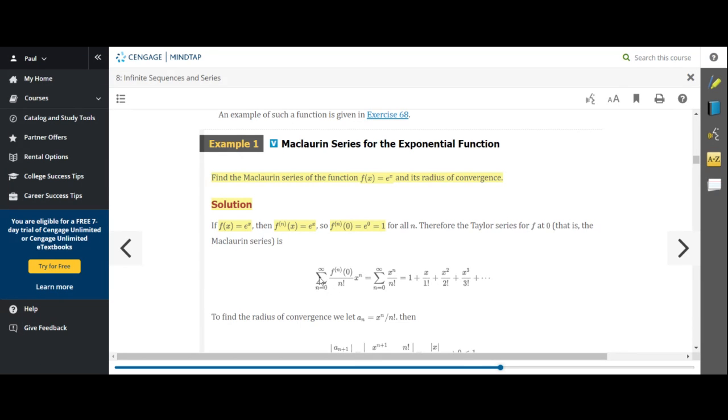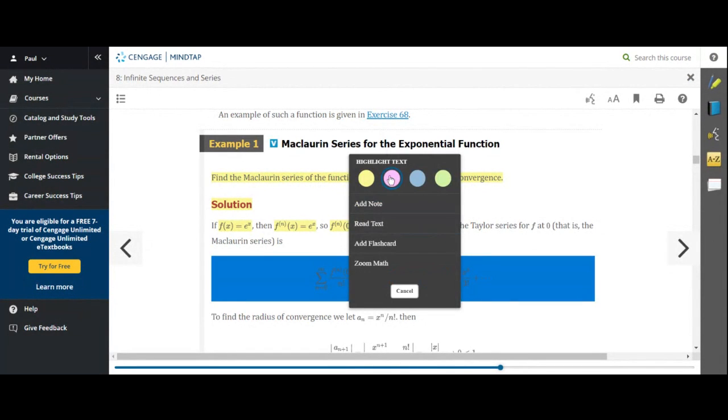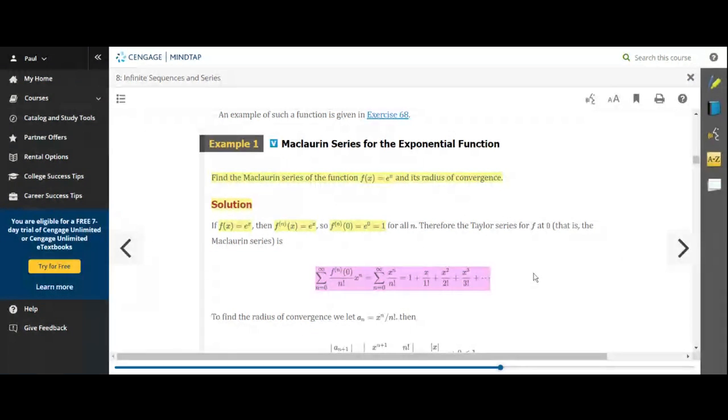The Maclaurin series for e to the x is the sum where n goes from 0 to infinity of x to the nth power over n factorial, which, writing out a few terms, is 1 plus x over 1 factorial plus x squared over 2 factorial plus x cubed over 3 factorial, and so forth.